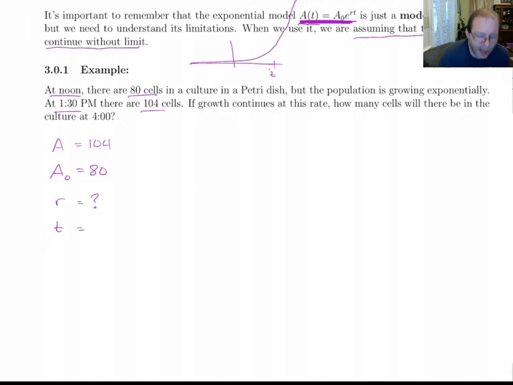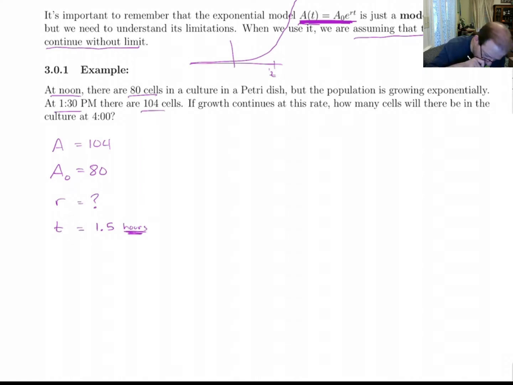This is an hour and a half, so I could use t as 1.5. The other thing I could do is use t as 90 minutes. Either way is fine as long as we keep that in mind, and in answering any questions, keep in mind that this is going to do things in terms of hours.